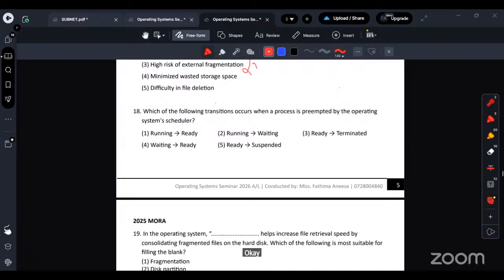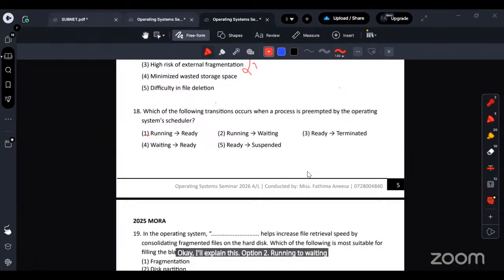Okay, so I'm getting different answers. Which of the following transitions occur when a process is preempted by the operating system scheduler? So yes, the answer is one, running to ready. Okay, I'll explain this.